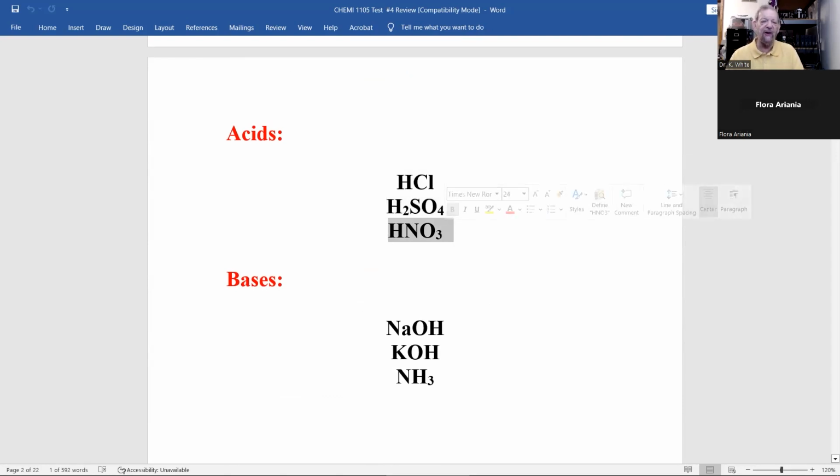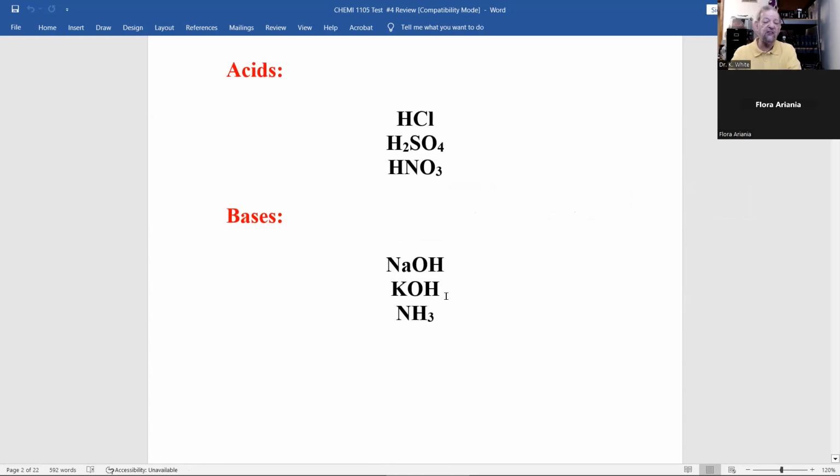These three are acids. There are a lot of other acids, but these are some of the most well-known acids in chemistry. Now, remember, an acid is a proton donor. Not all, but most acids start with H, the hydrogen.